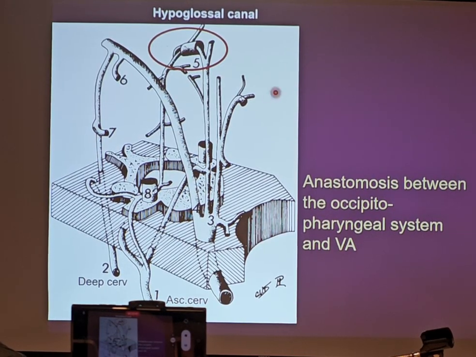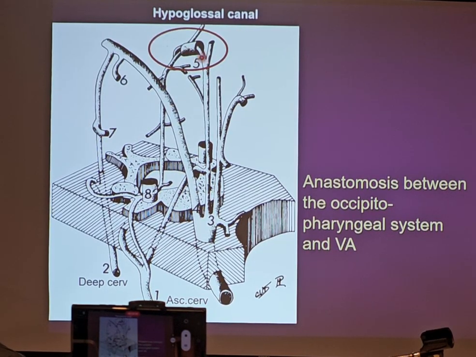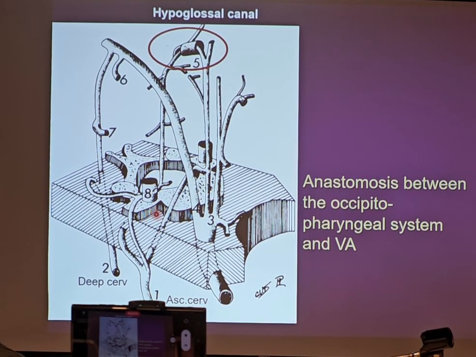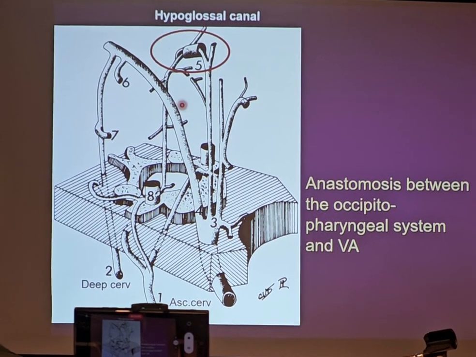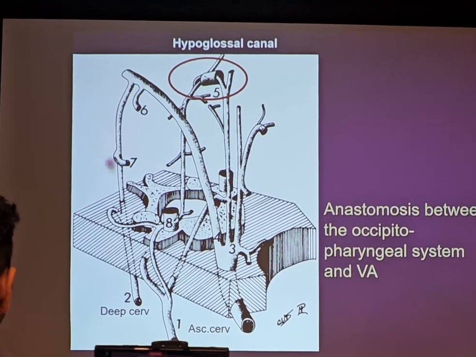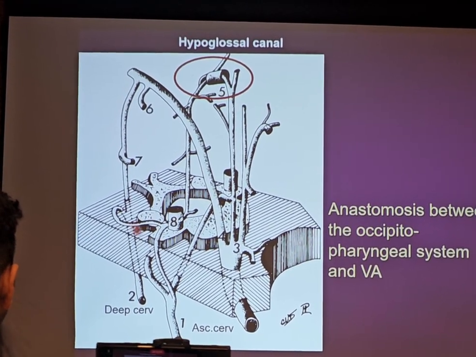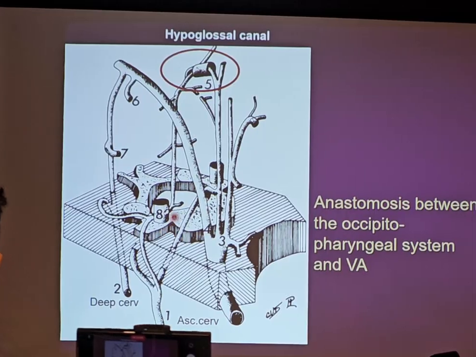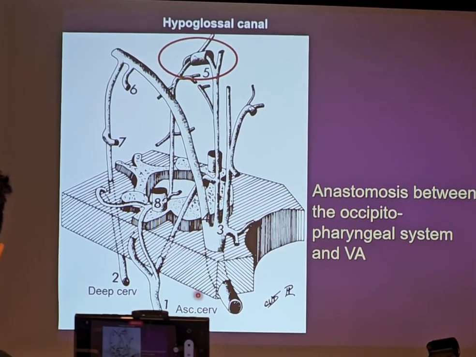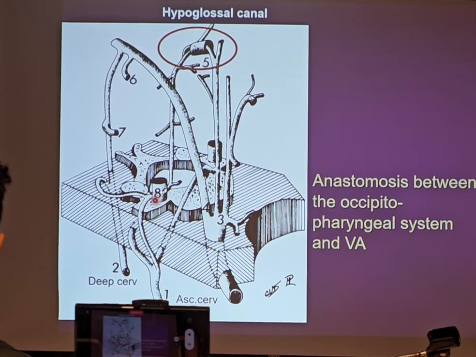You know this is the pharyngeal branch, and this is the hypoglossal branch that goes through the hypoglossal canal, and you know that at the C3 level, it hooks into the vertebral artery. While at the occipital artery level, you have this cervical artery hooking also into the same level, approximately C3, as well as the ascending cervical.